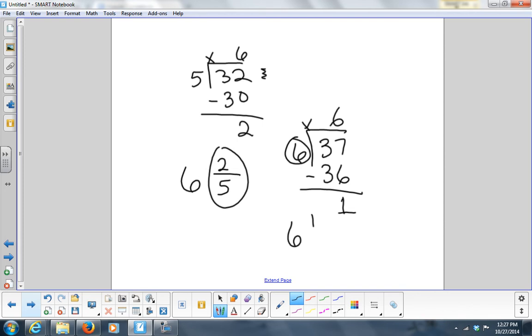This one right here. It is always going to be this number over this number. Always. Remainder over divisor.